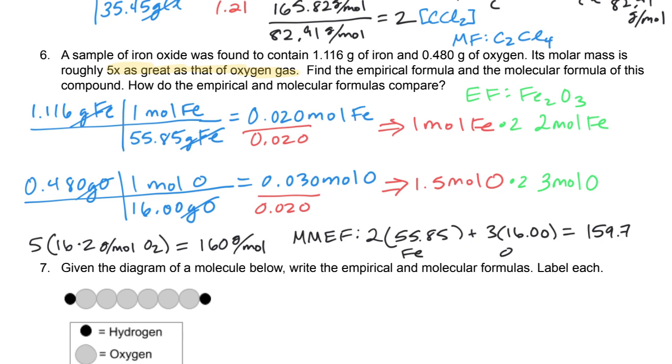Now, 160 and 159.7 are not exactly the same, but they sure are close. So we're going to call that about the same. We take the 160 and divide it by 159.7. That's about 1, which means the molecular formula is the same as the empirical formula. It is Fe2O3 as well. So remember, the molecular formula, although it can be different than the empirical formula, it doesn't have to be.